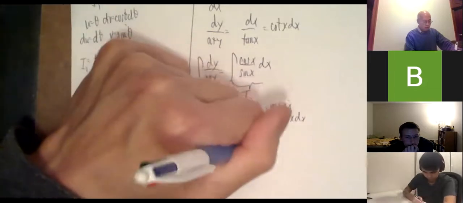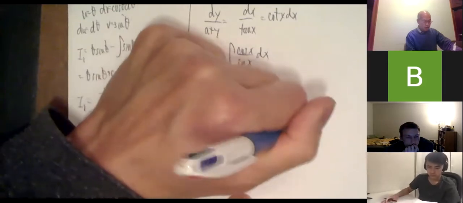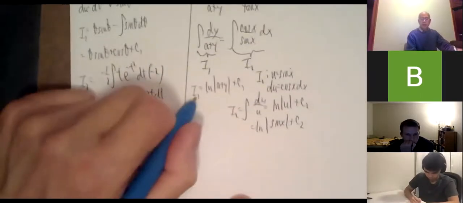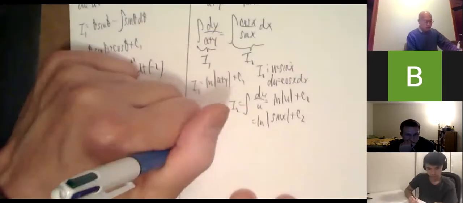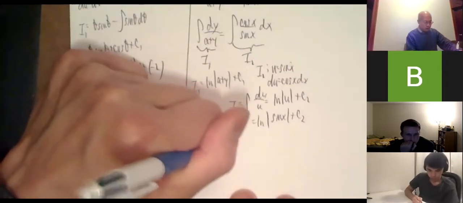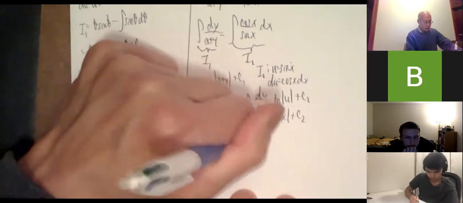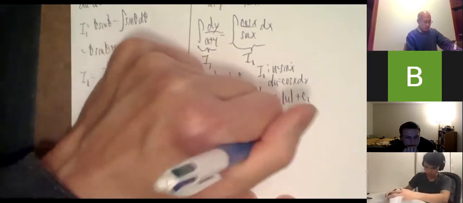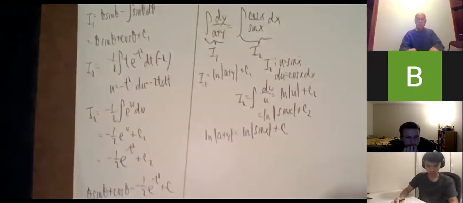So I2 is the integral of du over u, which is ln absolute u plus c2, or ln absolute value of sine x plus c2. Put the c's together: ln absolute a plus y equals ln absolute sine x plus c.